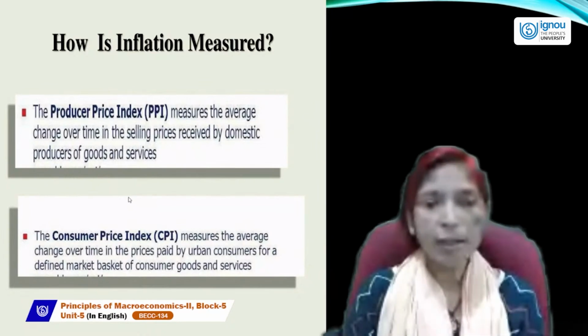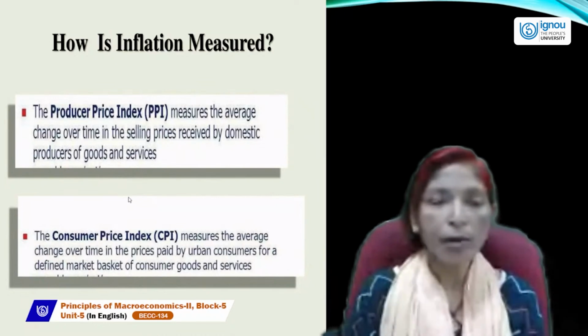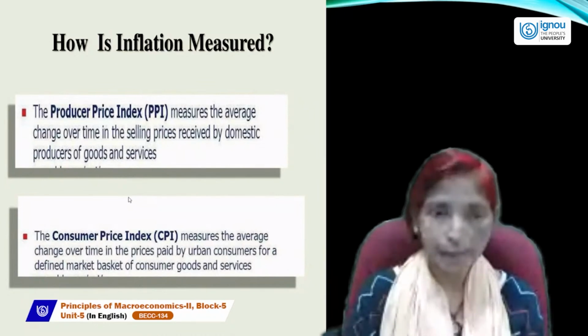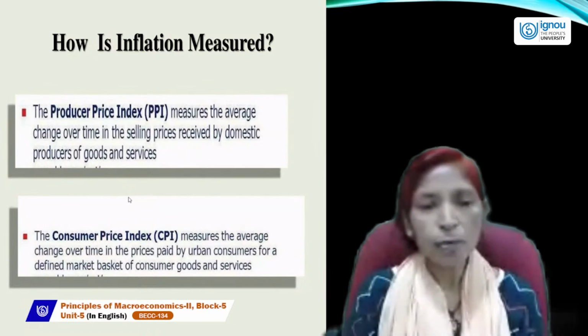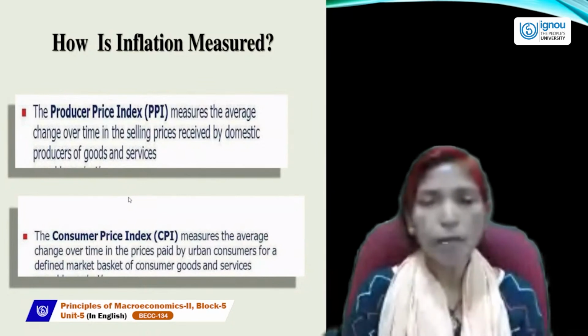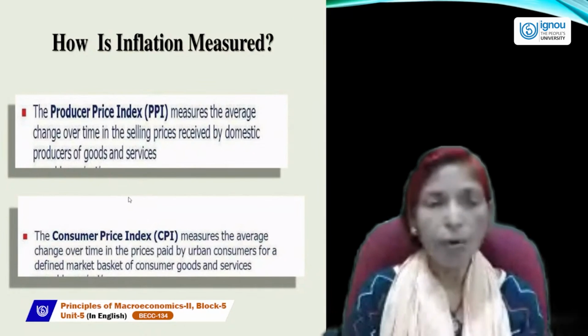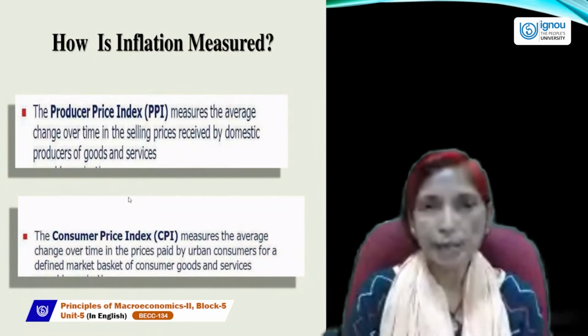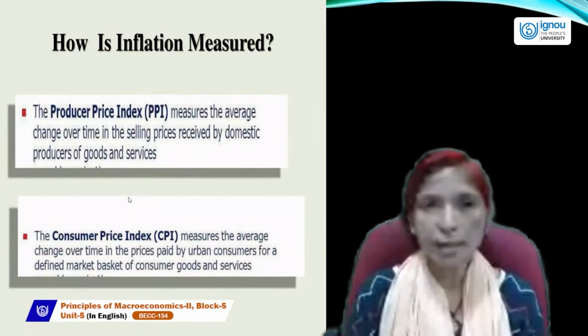Producer price index measures the average change over time in the selling price received by domestic producers of goods and services. So if a price index is related with the selling price of producers of goods and services, that is known as producer price index or wholesale price index. Second is consumer price index.